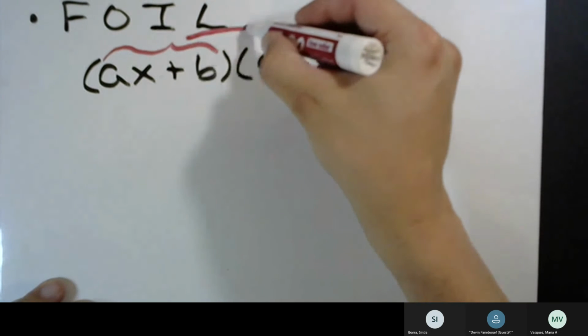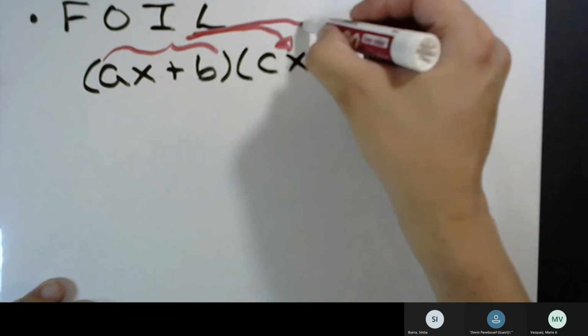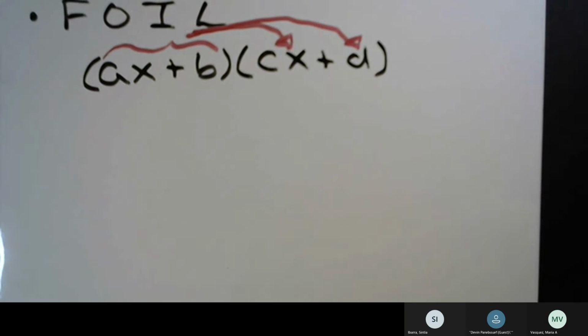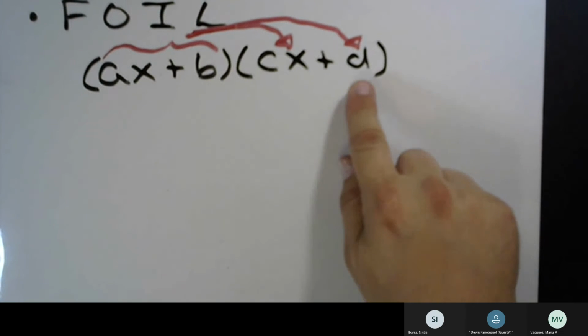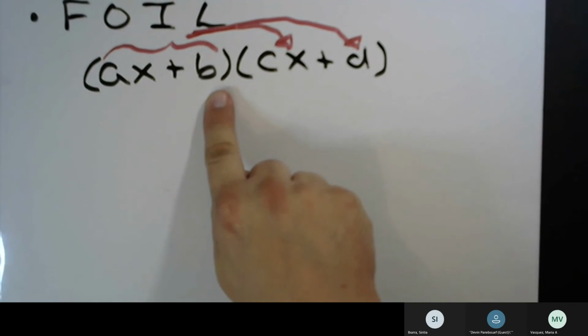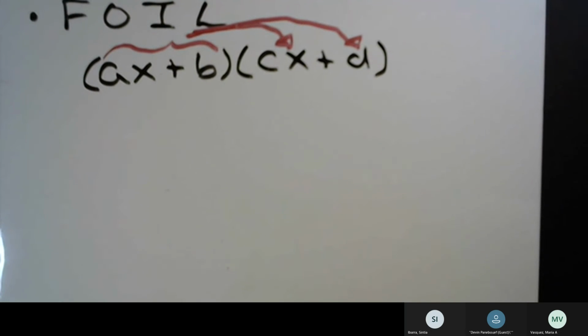We'll take this first binomial and distribute it to each of the terms in the second. And I think in the textbook, they actually do it backwards. I think they take this and distribute it to each of the terms in the first. That's perfectly fine. Either way will work.